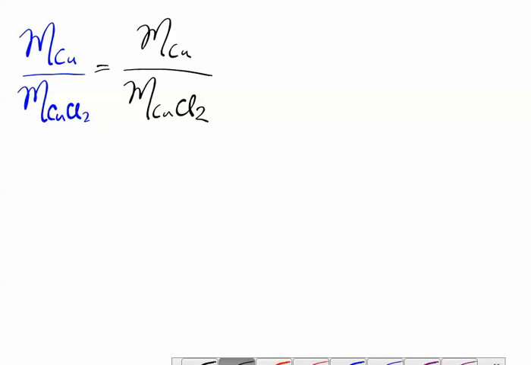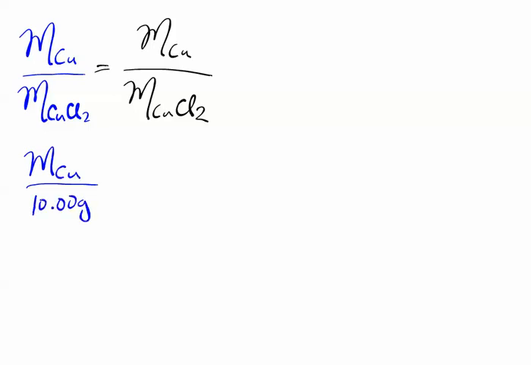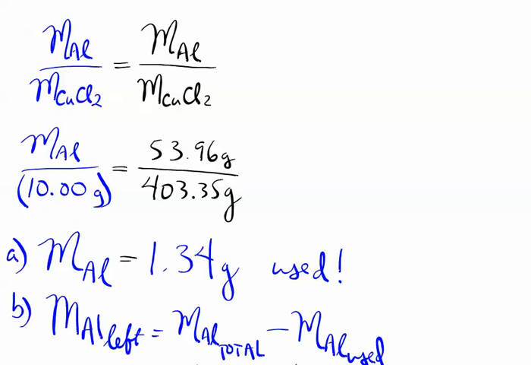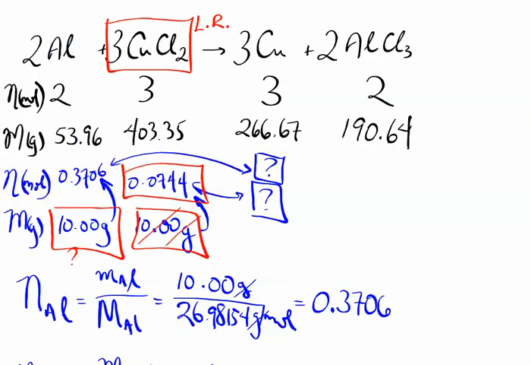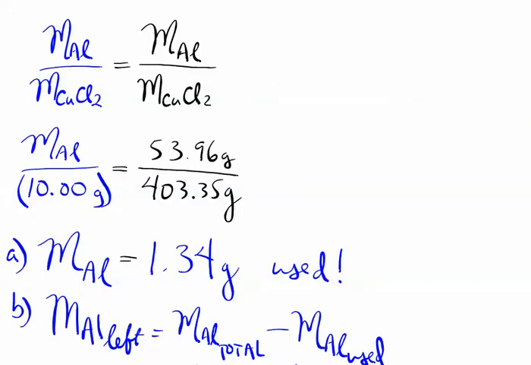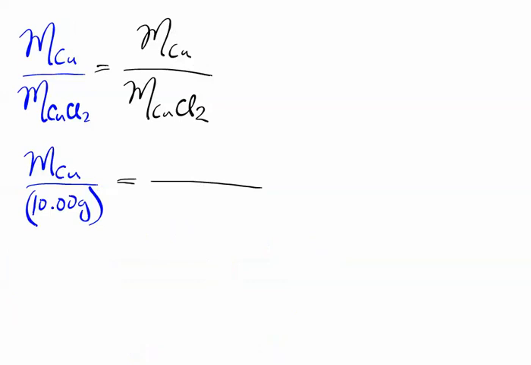So far, so good, right? Mass of Cu divided by 10.00 grams equals, what was our mass of copper? Back to our chart, 266.67. And 403.35? Is that right? Yes, that's right. Okay, cool.